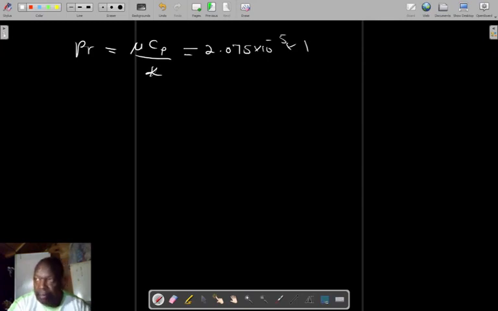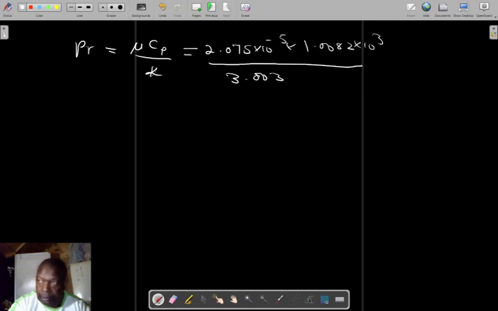Let us determine the Prandtl number. The Prandtl number is mu Cp divided by K, which equals 2.075 times 10 to the power of -5 times Cp, 1.0082 times 10 to the power of 3, divided by K, 8.003 times 10 to the power of -2.